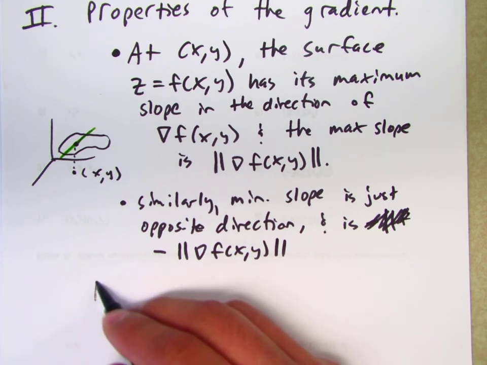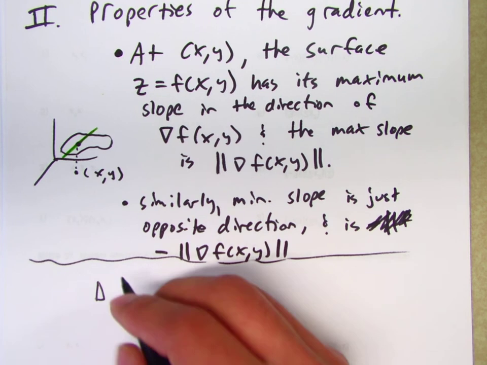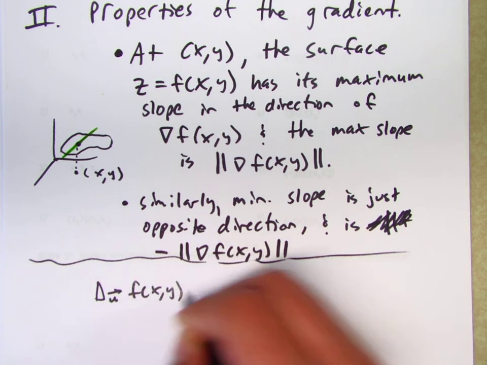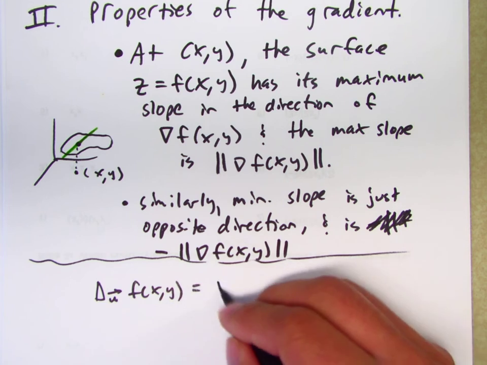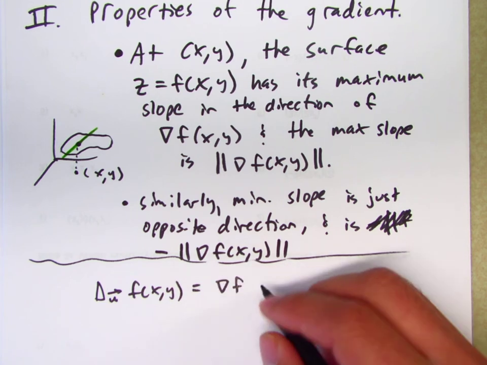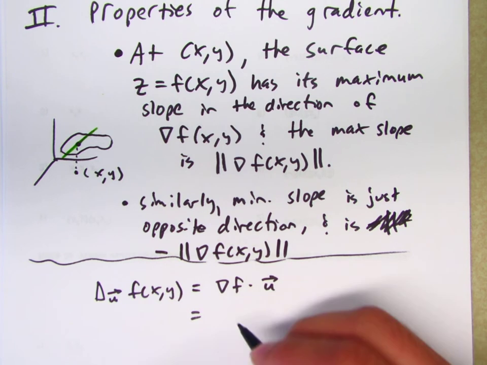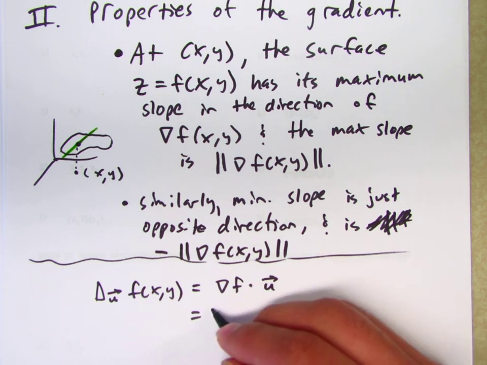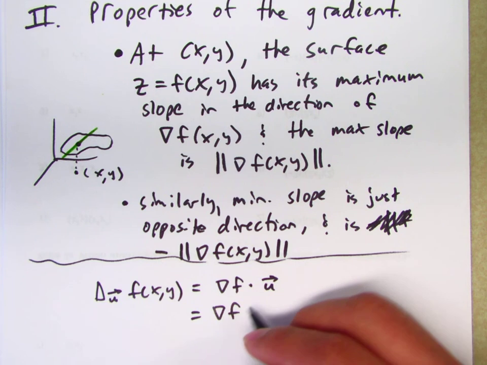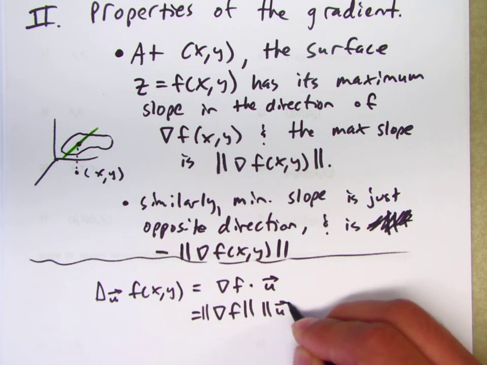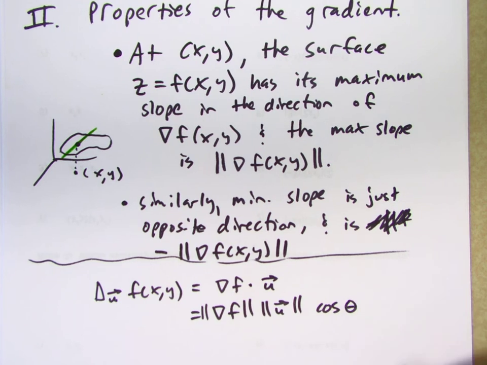So here's a quick abbreviated explanation. We know that the directional derivative is the dot product of the gradient of f with u. We also know that we can write the dot product as the magnitude of f times the magnitude of u times the cosine of the angle between these two vectors.